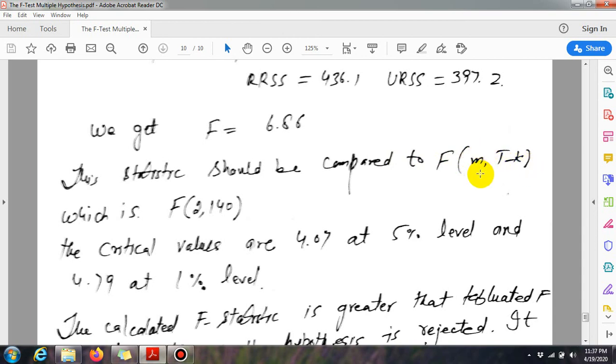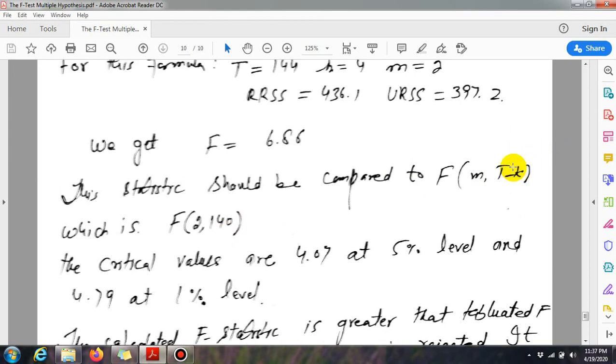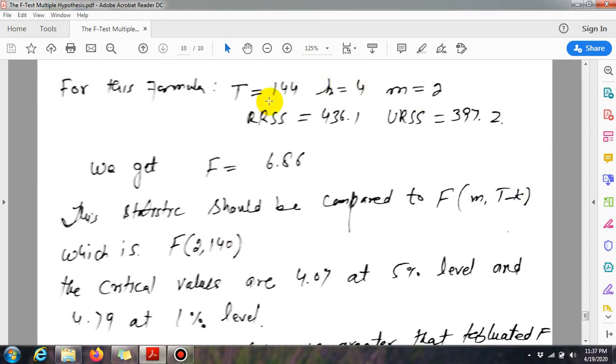The statistic should be compared to the tabulated F, that is F(m, T minus k). These are the two degrees of freedom: m, the number of restrictions, and the number of observations minus the number of parameters. So this gives F(2, 140), since T is equal to 144 and k is 4.